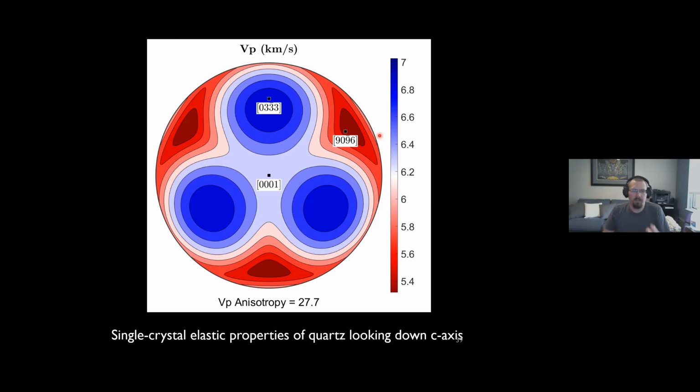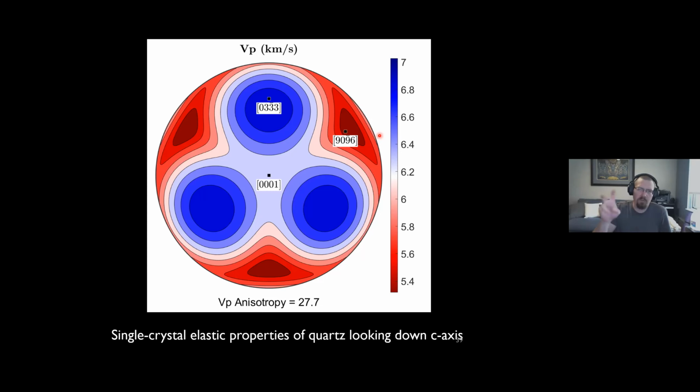And so you can see from here that if you're looking straight down the C-axis, which is the 001 in the center, it's generally a pretty fast direction. Those really blue, fast directions are not exactly the C-axis, but they're semi-parallel with it, whereas going in the opposite direction is going to be significantly slower, although still pretty fast compared to some things.